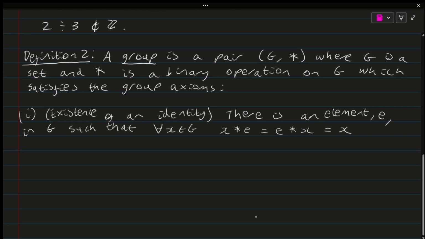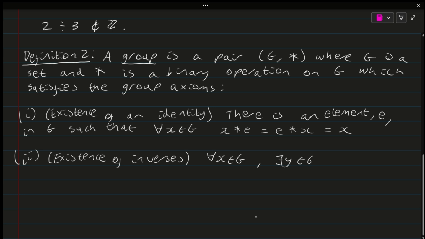Okay, the second group axiom is the existence of inverses. So now for all x in G, so for every possible element of the group, there exists a y in G such that xy equals yx equals E. So we have an element that cancels out every element.